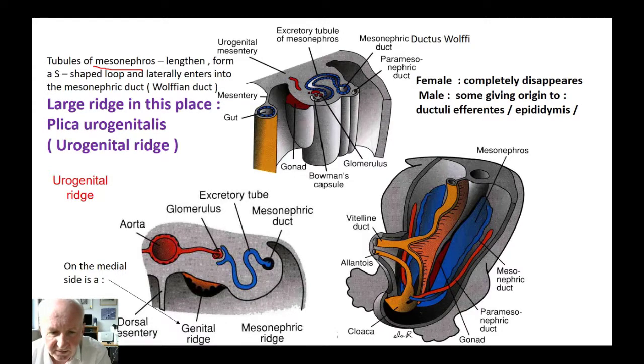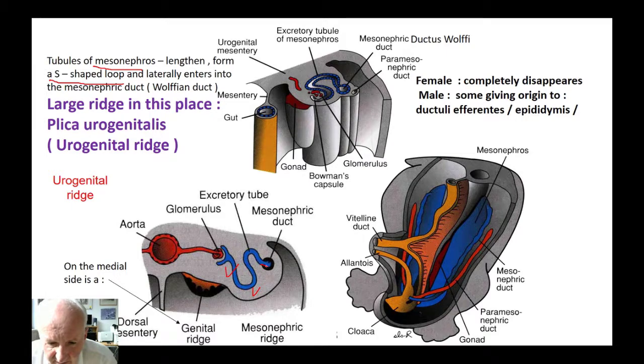And now this tubule of mesonephros, how is prolonging? It is changing the shape from a straight shape into an S-shaped loop, as we see on this picture. And on the end, it's opening into the Wolffian duct, the mesonephric duct.